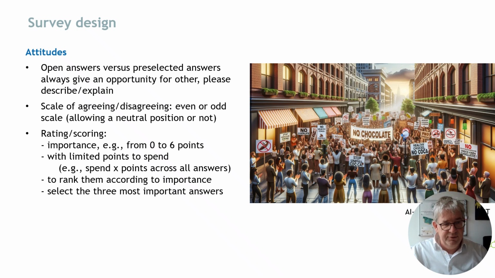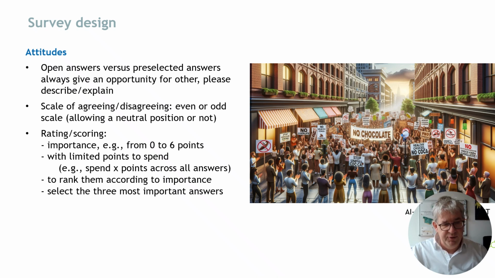If we have an even or odd scale: with an odd scale, for example if we say do not agree or agree on a specific statement, then you have a neutral position in the middle. If you have an even scale, then you have only tendency options of agreeing or not agreeing for the respondents.